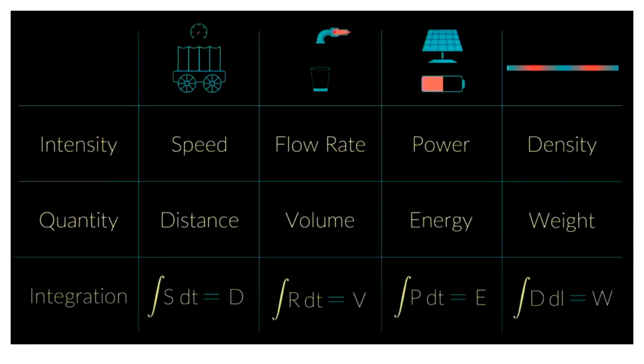So this is basically measurable in all different forms, not just speed, but speed and distance. You can do it in flow, something coming out of like a faucet, and volumes. You can do it with power and energy, density and weight. There are lots of different things that can be measured with these really, really simple aspects.